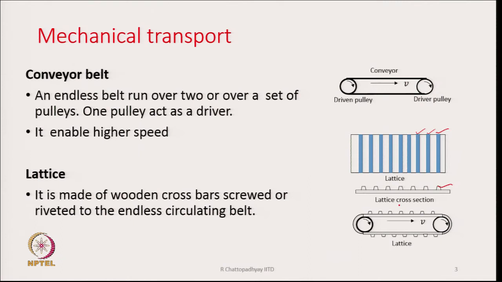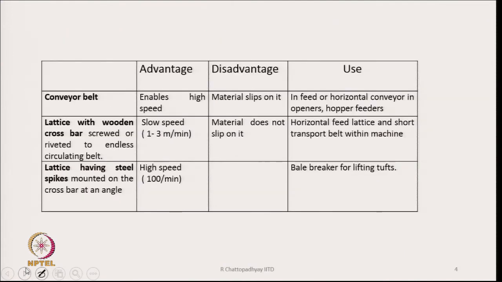So, you can see in the diagram on the right hand side that while the surface of a normal conveyor is flat and smooth, that of the lattice has raised portions, and these are basically wooden bars which are screwed to the belt. So, these are the differences between these two.